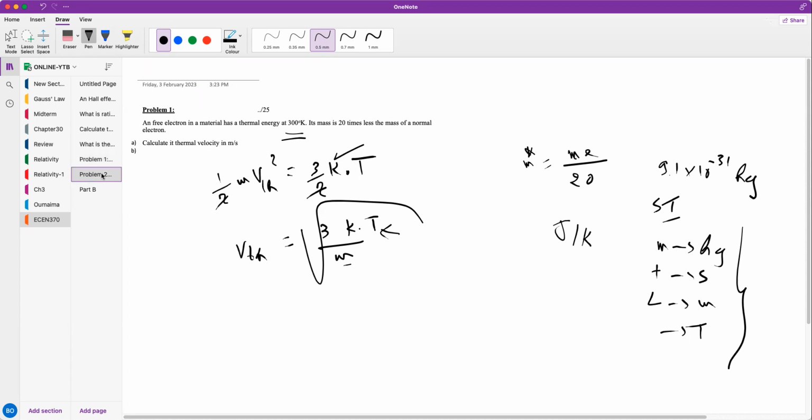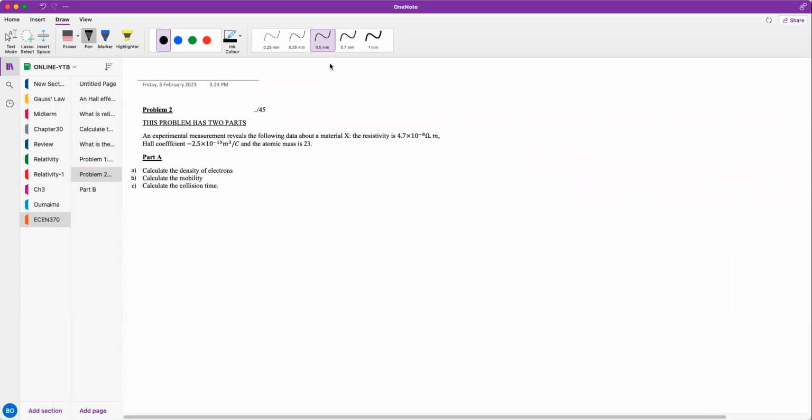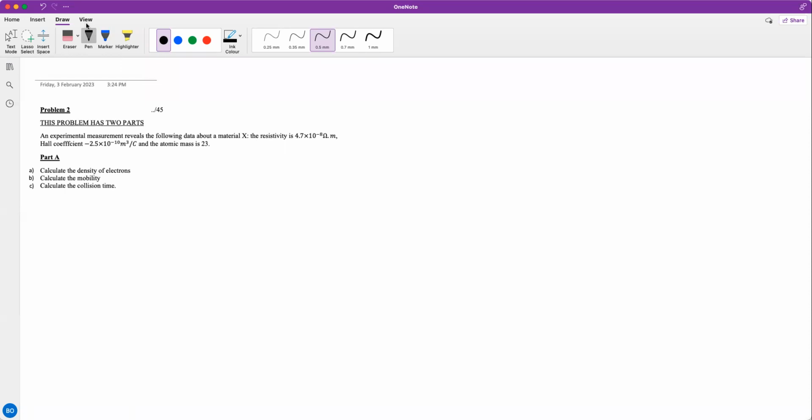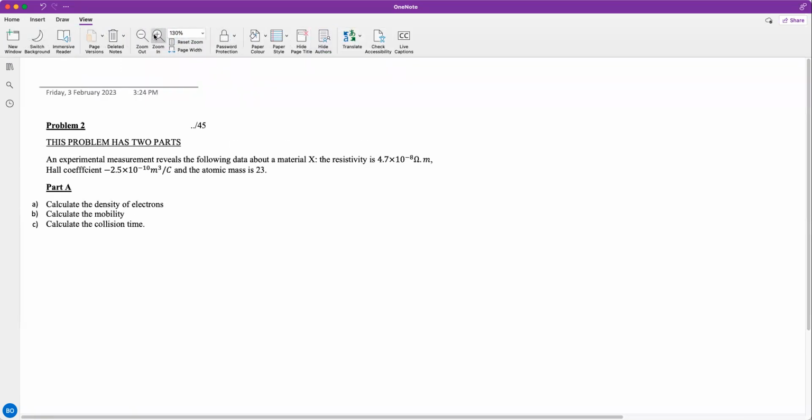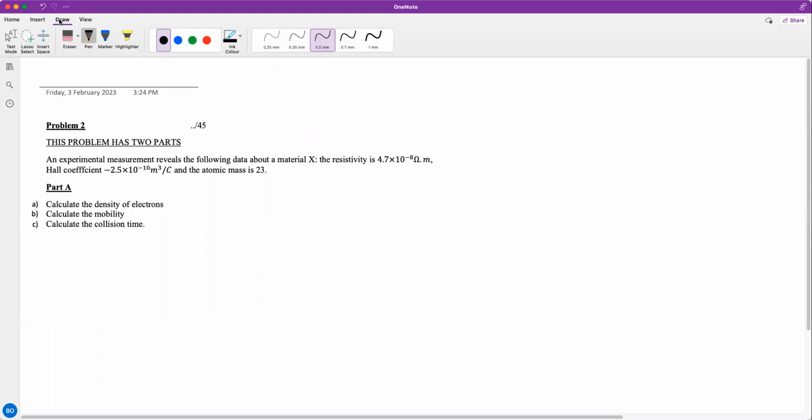Okay, let's go to the second question. An experimental measurement reveals the following data about a material X. We are given the resistivity, we are given R_H, and we are given the atomic mass.